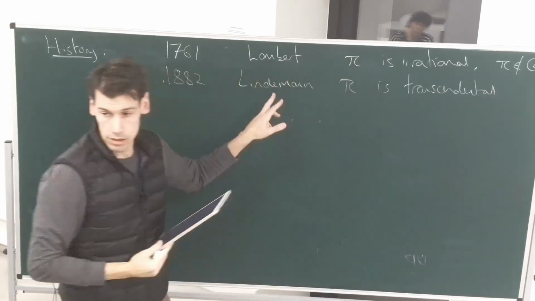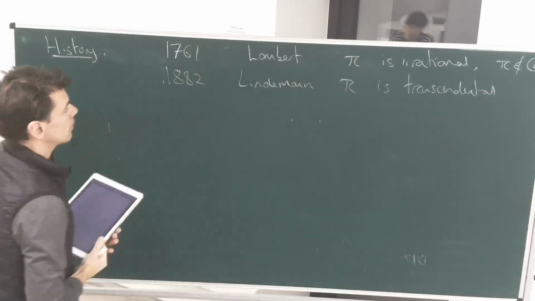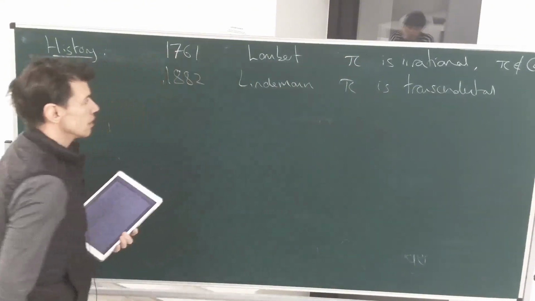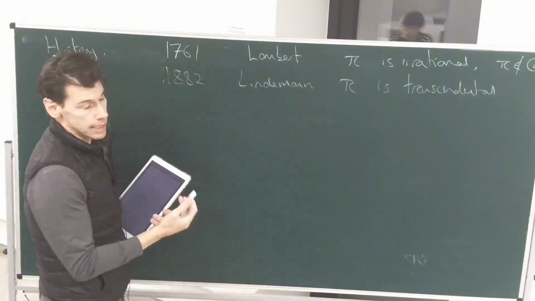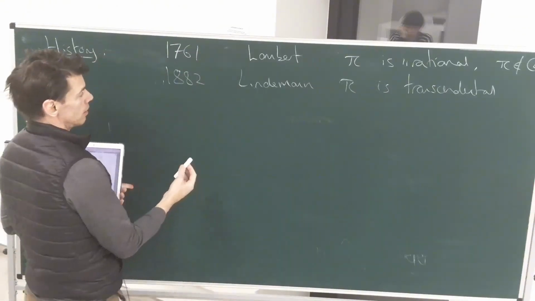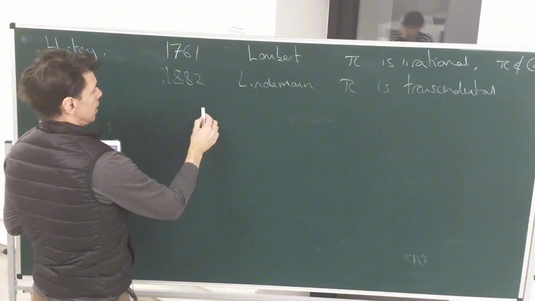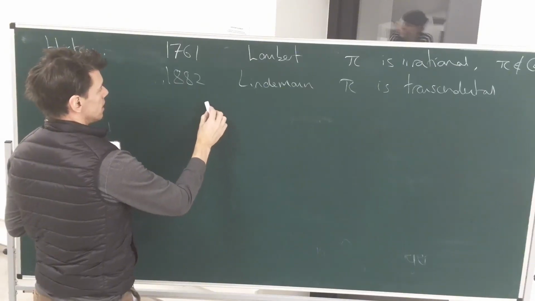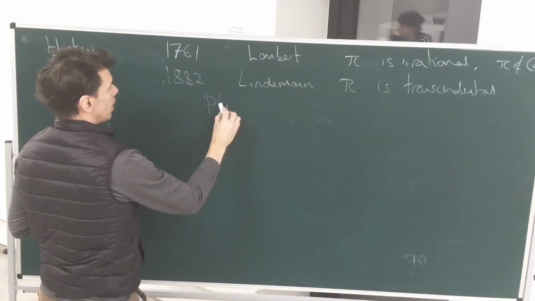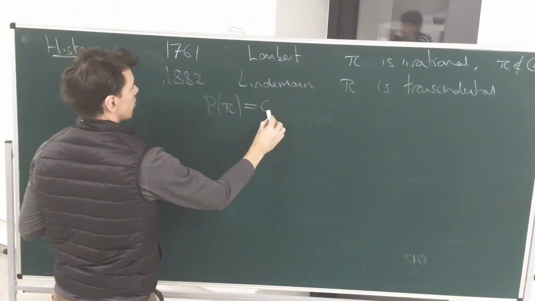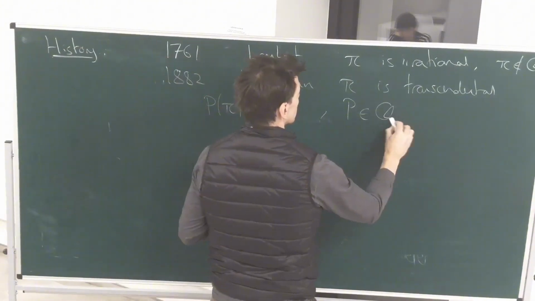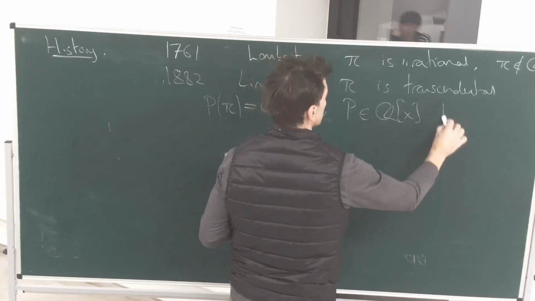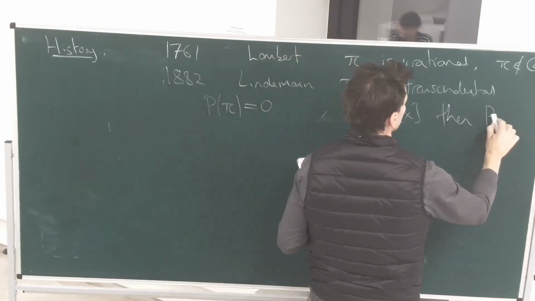And even today, this is a tricky result. You have to use a lot of technique to prove this result. So what transcendental means is that pi satisfies no algebraic equation. So more precisely, if p of pi equals 0 for a polynomial p, then p has to be identically 0.